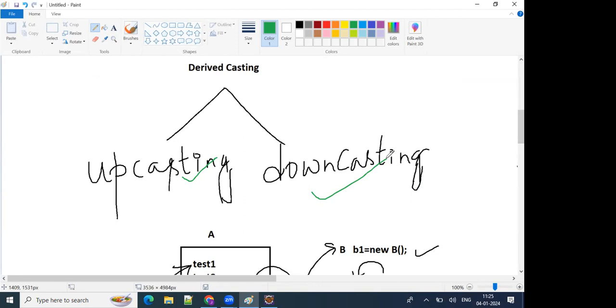Polymorphism. See, in our life only, we are humans. We started as a kid, and responsibilities keep on changing. We became students. Correct? Primary, high school, then college students, then became graduates, then became citizens.